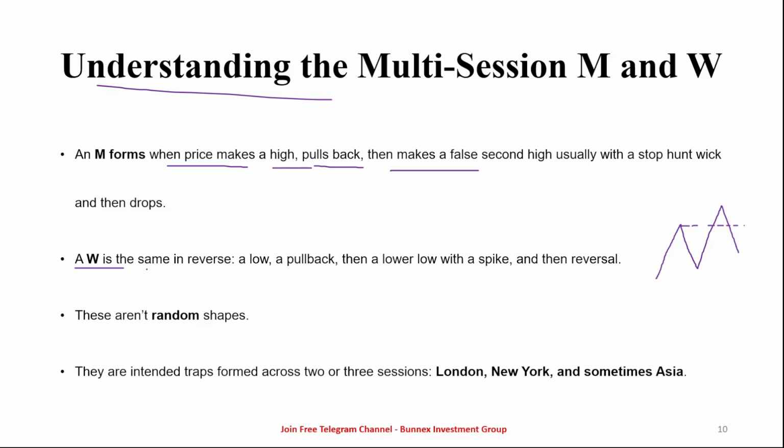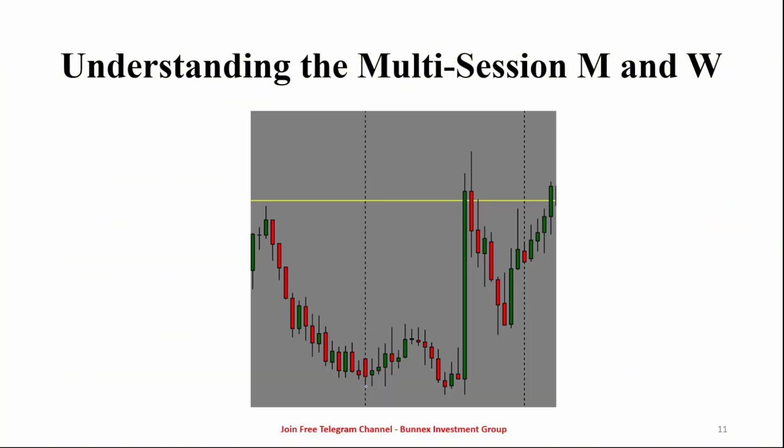So a W is the same in reverse: a low, a pullback, and then a lower low, with a spike, then reverse. These are not random shapes. They are actually done with an intent to induce hit stops, confuse, and so forth. So they are intended traps formed across 2 or 3 sessions: London, New York, and sometimes Asia.